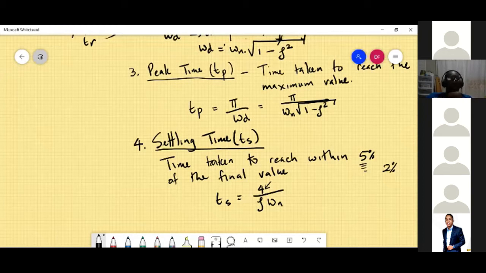You can calculate it from the response of all of these formulas, from the response of the system.